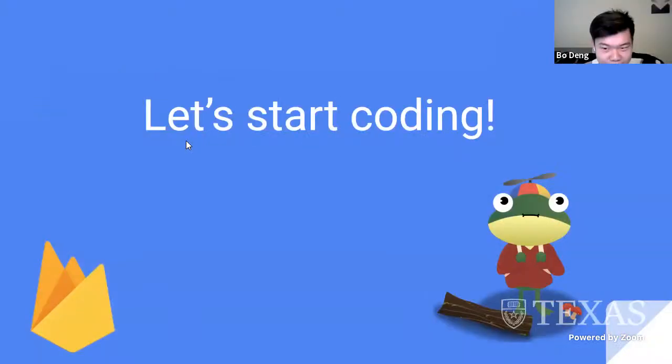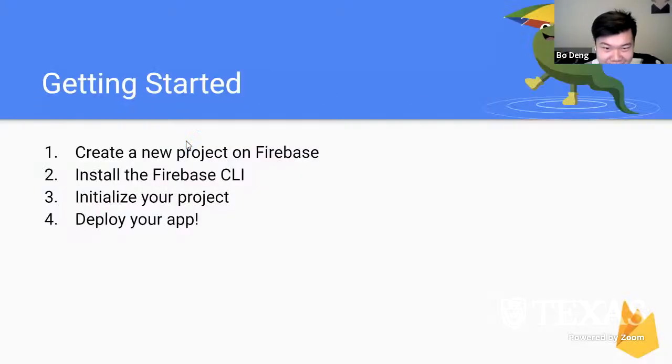All right, so I guess we'll just jump into it. There are four main steps to get started with your first project on Firebase. That's creating your project on Firebase, then installing the Firebase command line interface, which sounds a little bit scary, but I promise it's really easy, so don't worry about it.